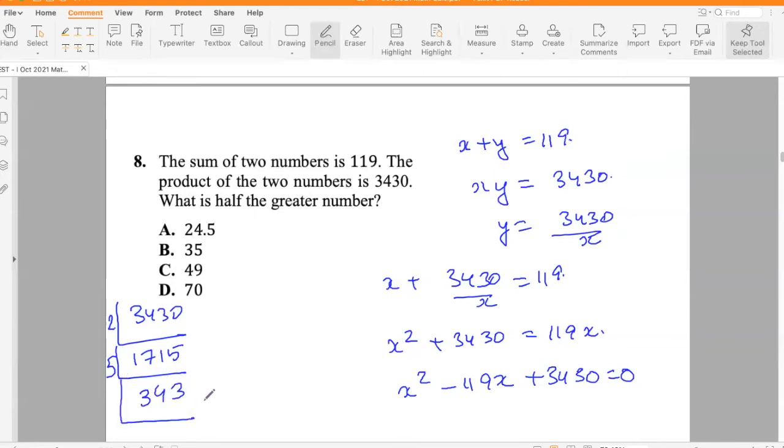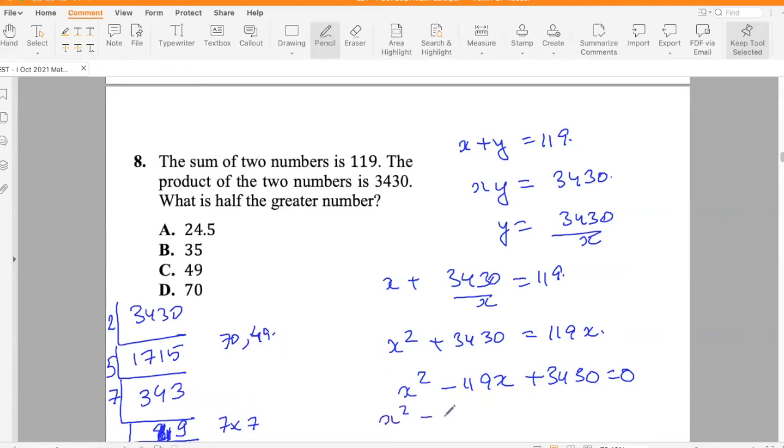And 343 goes at 7, 7 4s are 28, and 9, right? Yeah. And then another 49. So 7 into 7 again. Okay. So we need 119. So 7 into 5, 35, and 2, 70. So is 70 and 49? Yeah, that's going to work.